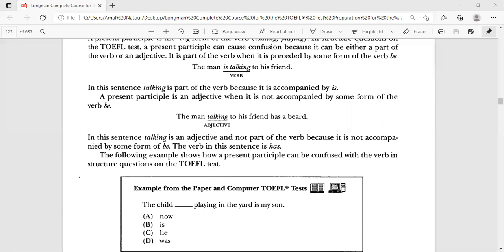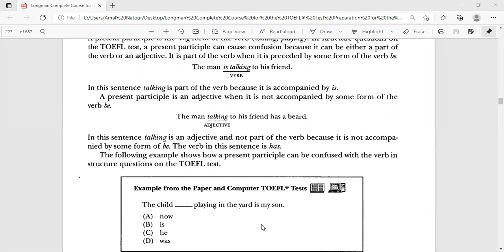these two answers are incorrect because playing here is not part of the verb. You should recognize that playing here is a participle adjective rather than a verb, because there is another verb in the sentence which is is.